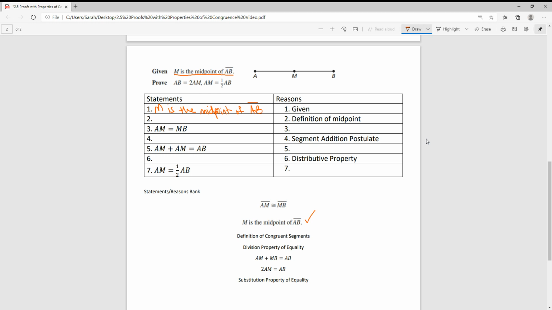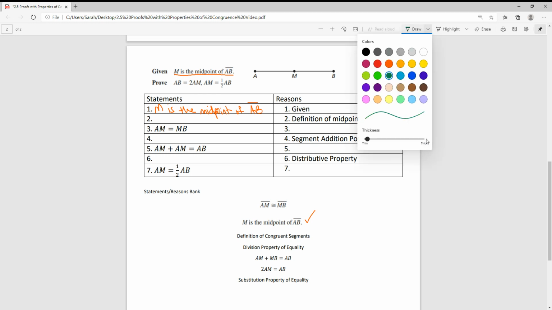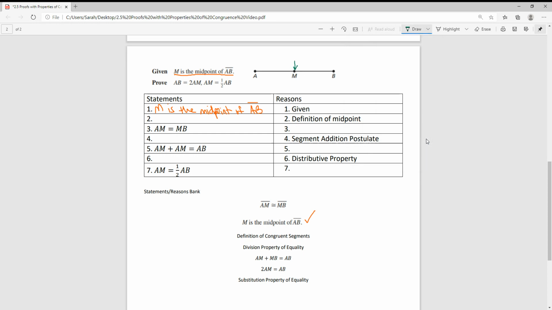From here, we are going to fill in the rest of the statements and reasons based off of the information that we are given. So the second reason that we are dealing with here is the definition of midpoint. The definition of midpoint says, okay, M is my midpoint. That means that segment AM is congruent to segment MB, which we see right here.